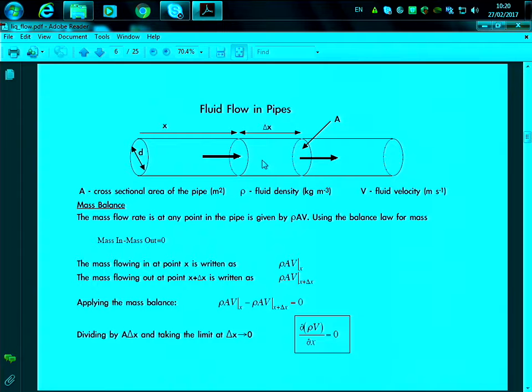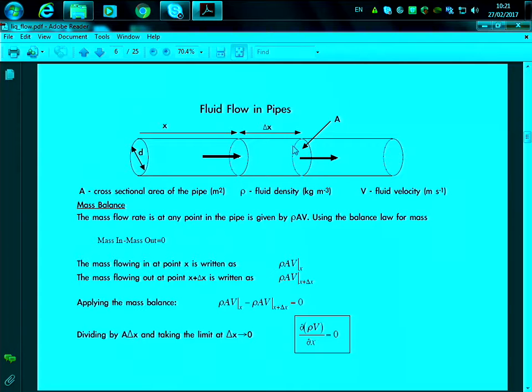Okay, so for the mass balance, the mass flow rate at any point in the pipe is given by rho AV. Using the balance again, rho AV in minus rho AV out equals 0. If we take the mass balance at the inlet, at this point here, then rho AV is the mass going into the system at x.